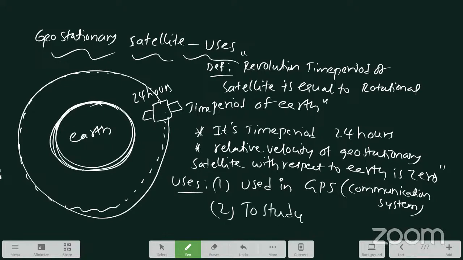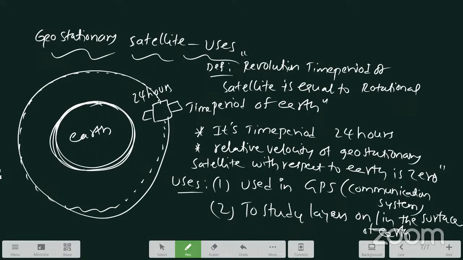To study layers on and in the surface of Earth. Meaning, student, for example, in a few countries petroleum is there, in a few countries gold mines, in a few countries coal mines.